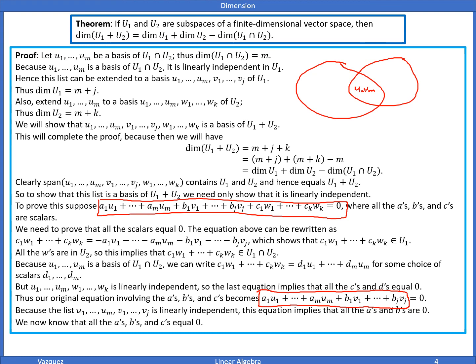Over here, if we call this one U1, U2, U1 dot dot dot UM, W1 dot dot dot WK as a basis for U2. Same thing for, I'm just going to write it like this, U's and V's as a basis of U1, and you can kind of see the reasoning there.